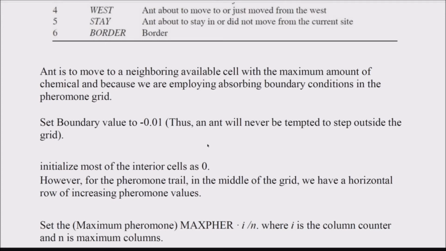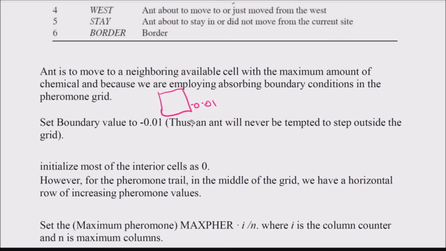So now there's an issue that we have to consider here. One issue is, of course, that if we have a boundary, we put it as 6, as I said, but there's a little factor we can put here to prevent the ant from moving to the boundary. One way that we can prevent this is to set this boundary to negative 0.01 pheromone.